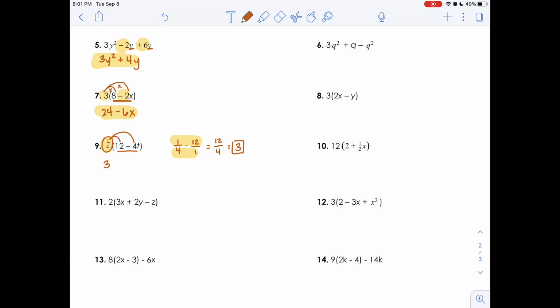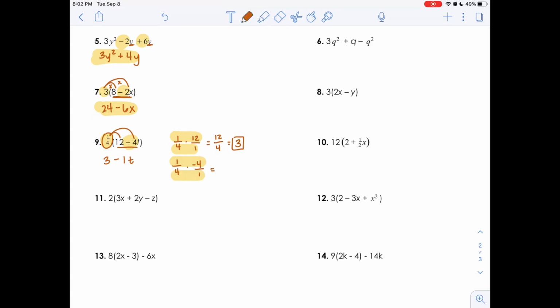And then I have 1/4 times negative 4. So I think of that as negative 4 divided by 4, which is a negative 1, and then we keep the t. Let me write that out over here in case I lost you. So 1/4 times negative 4, we can write that as negative 4 over 1. We multiply the tops together and the bottoms together.